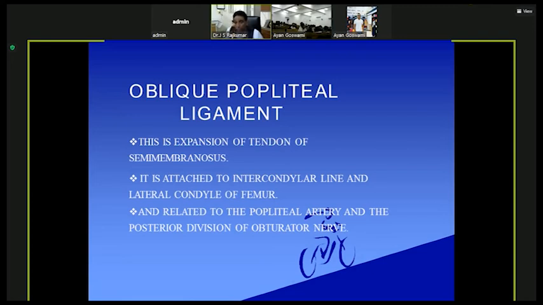The biceps femoris gets inserted into the fibula and partly has an extension, fibrous tissue going in. So this is nothing but a semimembranosus expansion. Please remember, the popliteal artery and the posterior division of the obturator nerve come in close to this.